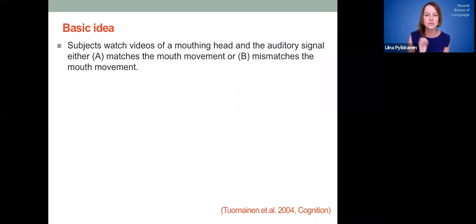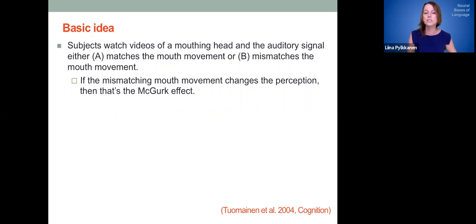So always watching videos of a mouthing head, and the auditory signal then either matches the mouth movement, so that's your completely natural congruent stimulus, or it mismatches the mouth movement. So that's the McGurk situation. You're having a mismatching auditory and visual stimulus, and you're seeing how much does the perception shift as a function of that mismatching mouth movement.